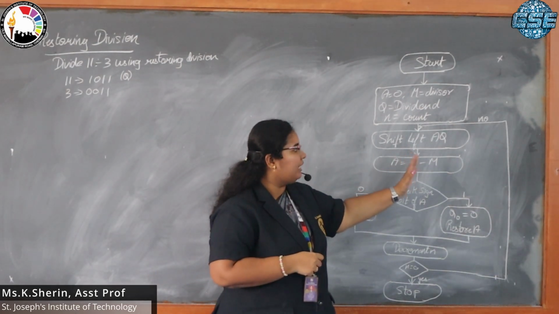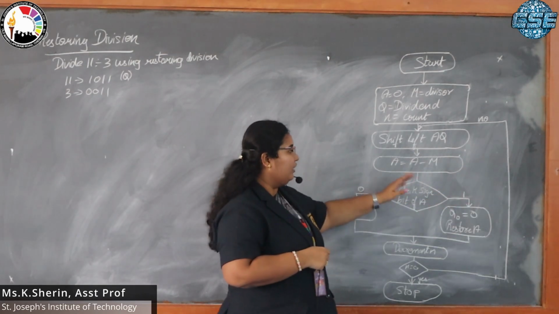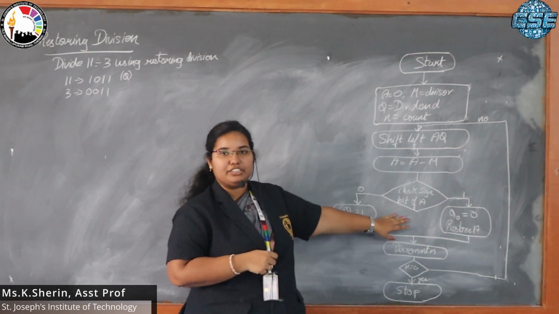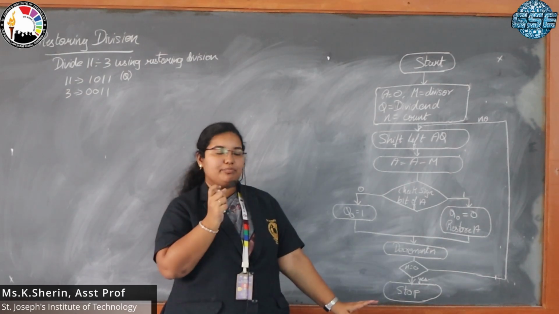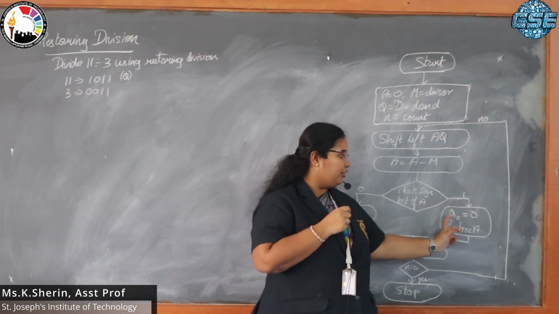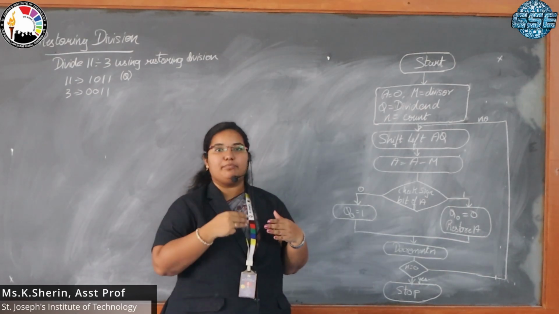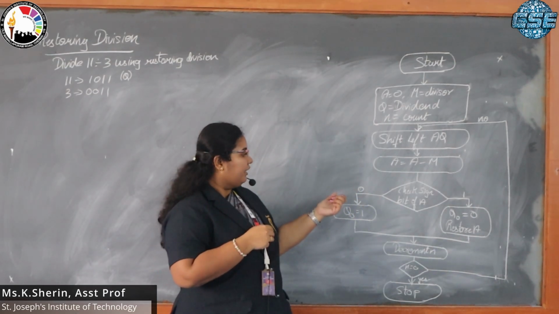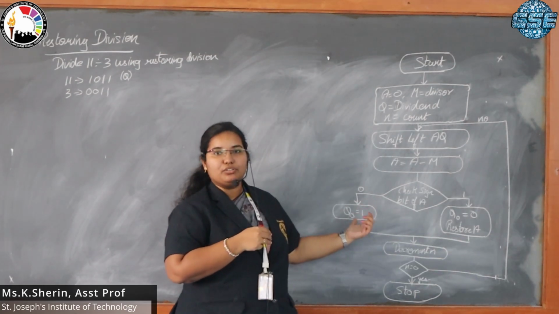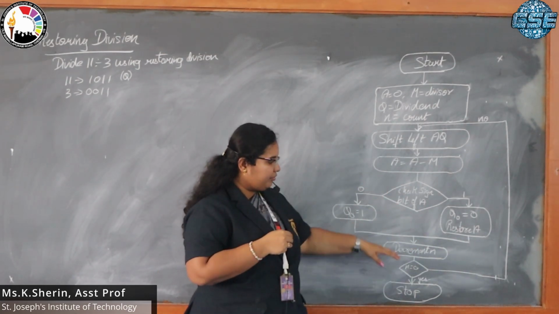So similarly, I'll be adding A and M, and then I'm going to check the sign bit. If the sign bit of A is 1, I'm going to write my Q naught value as 0, and restore the previous A value. Whereas when the sign bit is 0, I set Q naught equal to 1. When completing this, I'm going to decrement the count.